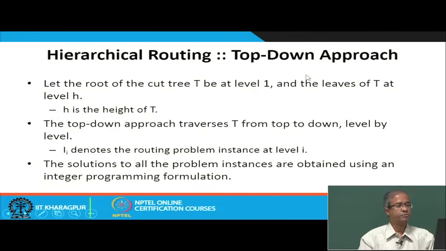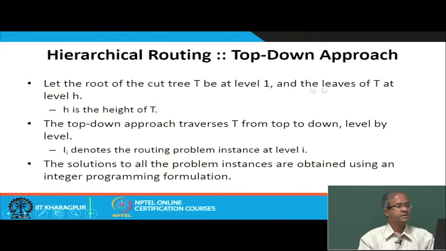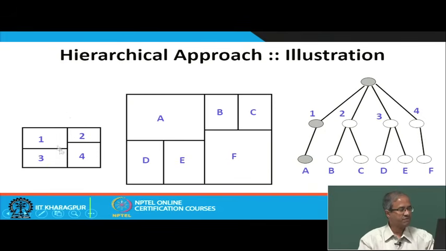So, the top down approach says, this is the cut tree, you can cut it at any places. The leaves I am assuming are at level h and the root is at level 1. You traverse the tree from top to down level by level. This is a top level view, you go down you get a more detailed view. If you want to further break this, you go to a more detailed level, this is top down.